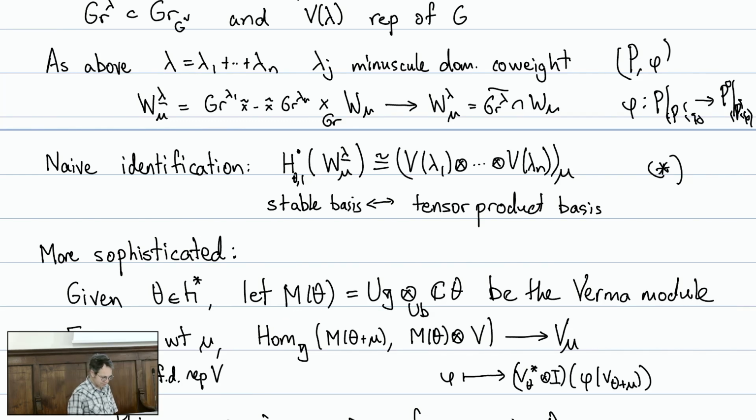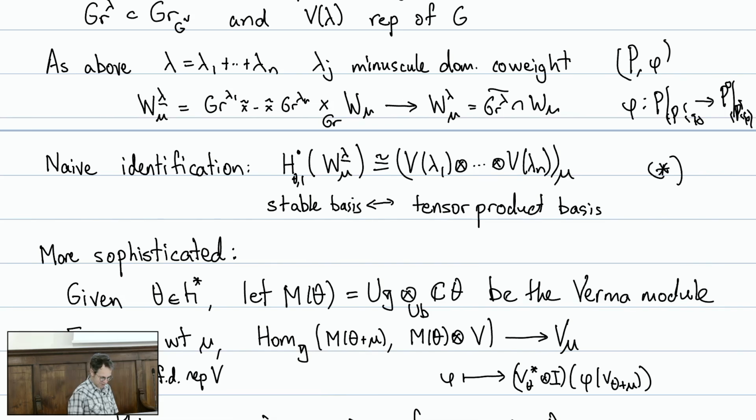So this is a classical construction in representation theory of semisimple Lie algebras, and gives you this thing called the Verma module. Okay, and then here's a weird trick. Say we have a finite dimensional representation V that we're interested in, and a weight mu. So we have some finite dimensional representation V, might be irreducible, might not be. We're going to apply this for this tensor product representation.